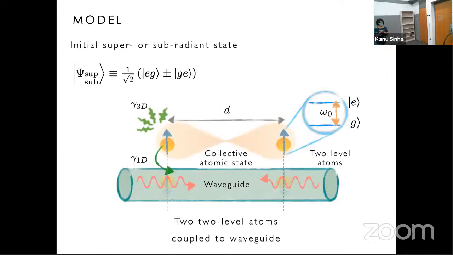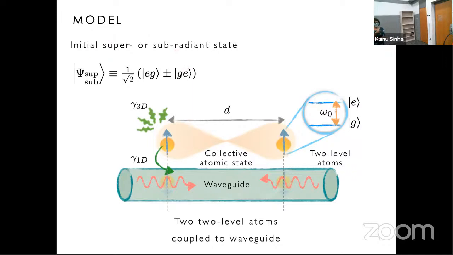Okay, so with that, we write our toy model, which is, let's say, just two atoms coupled to a waveguide, and each of these atoms emits into the waveguide with some rate gamma 1D and emits outside with the rate gamma 3D. Let's say the atoms are separated by distance d, and we prepare them initially in a super or subradiant state.